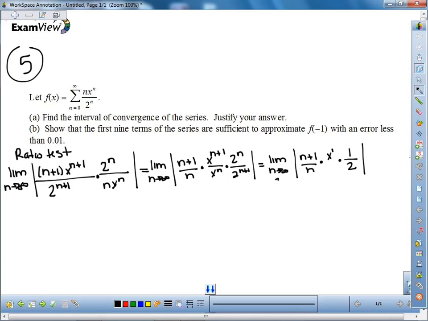Since my limit does not depend on x, it only depends on n, I can factor out the absolute value of x over 2.